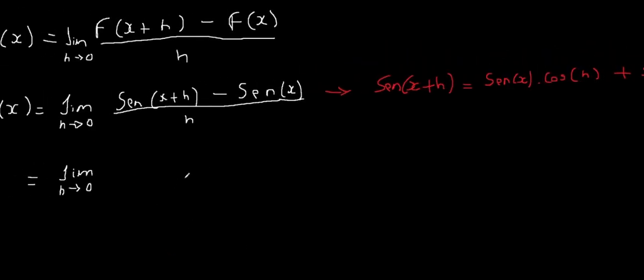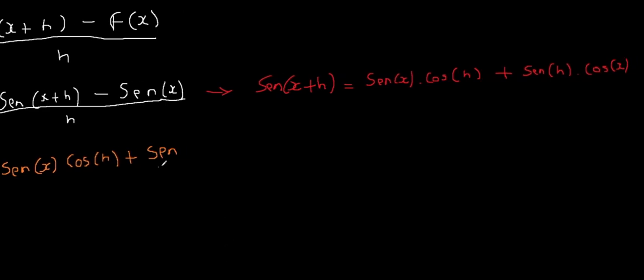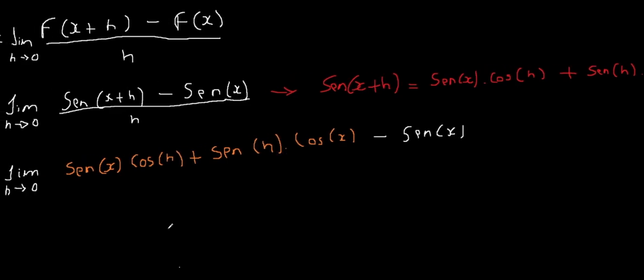So sine of x multiplied by cosine of h, plus sine of h multiplied by cosine of x, less sine of x, all divided by h.